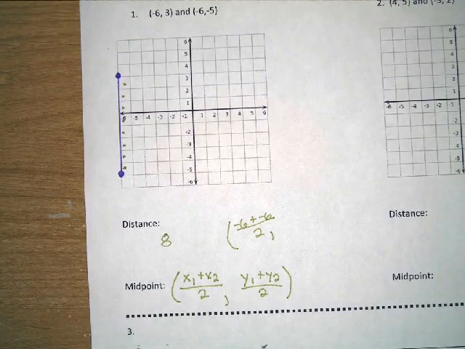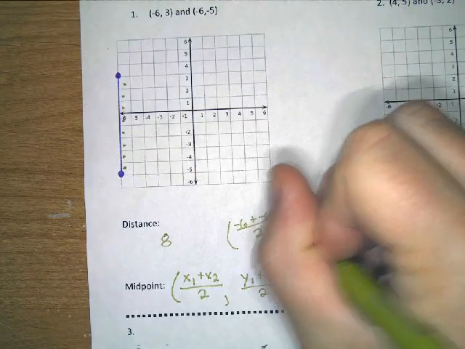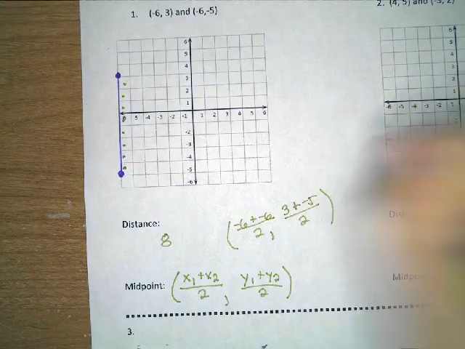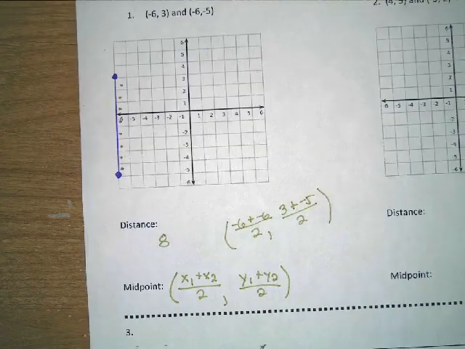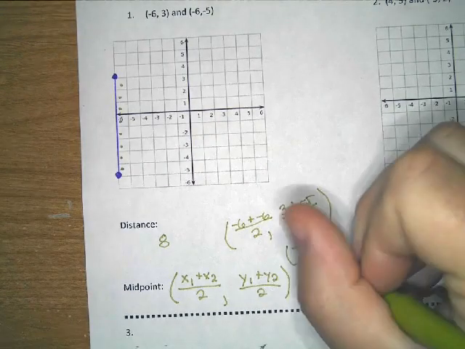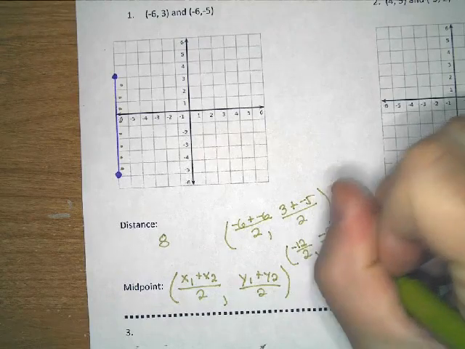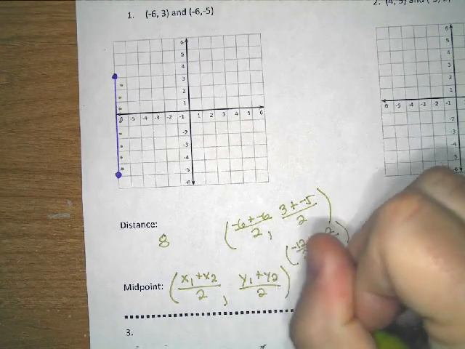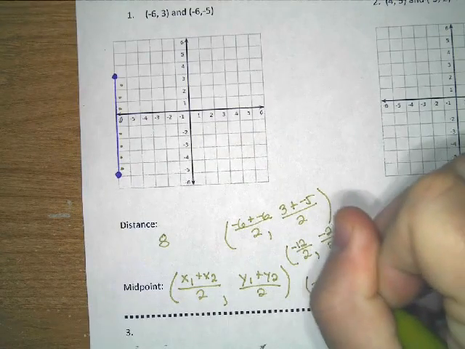And our y coordinates are 3 plus -5 divided by 2. We end up with -12 divided by 2 and -2 divided by 2. So we end up with a midpoint of -6, -1.